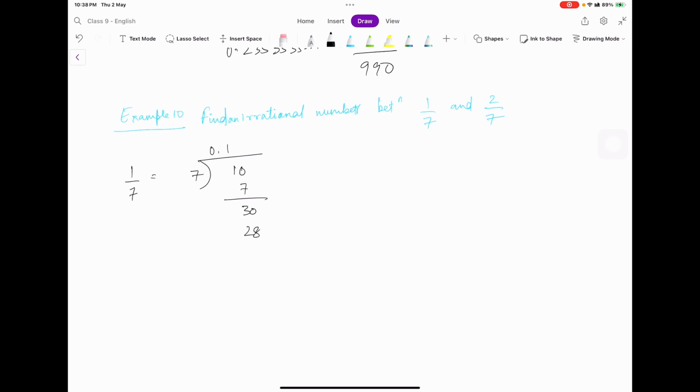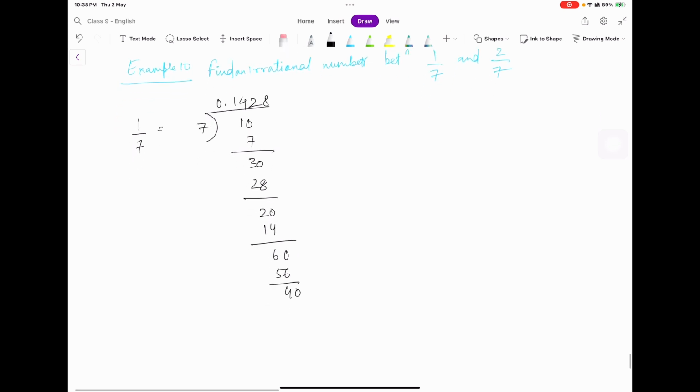So you do the expansion part: 20, 2, 14, 60, 8, 56, 40, 5, 35, 50, then 7, 49, again it is 1. So this is the repeating part.